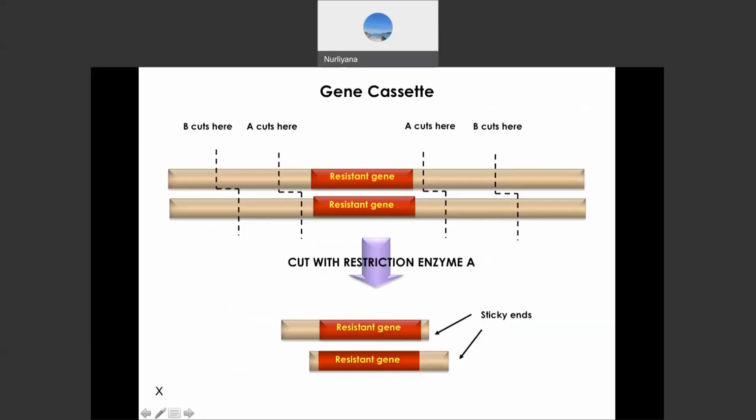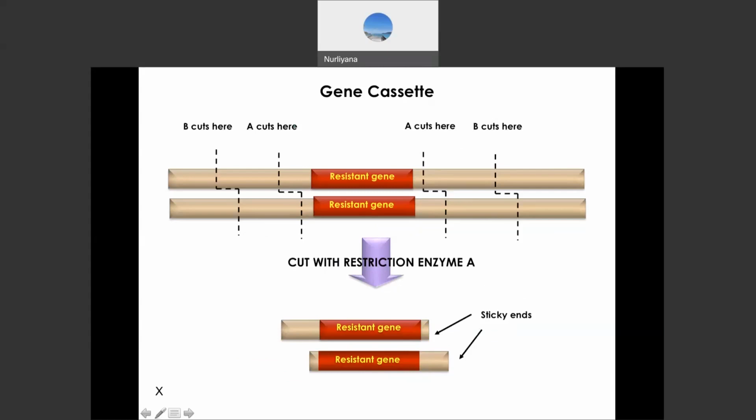If you remember the resistance gene, and also the restriction enzyme, you can cut out the resistance genes, leaving sticky ends. So if you cut these genes and then insert them into other plasmids, for instance using the restriction enzyme, these are called a gene cassette.